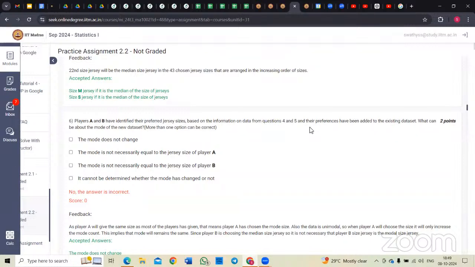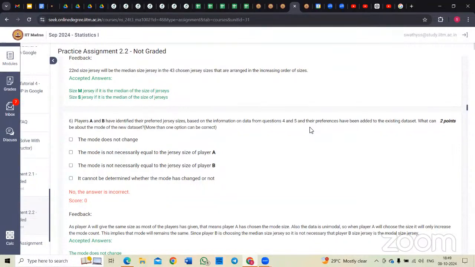And if the value is one less than the mode and that same value is added there, then any size could become the mode in the data.